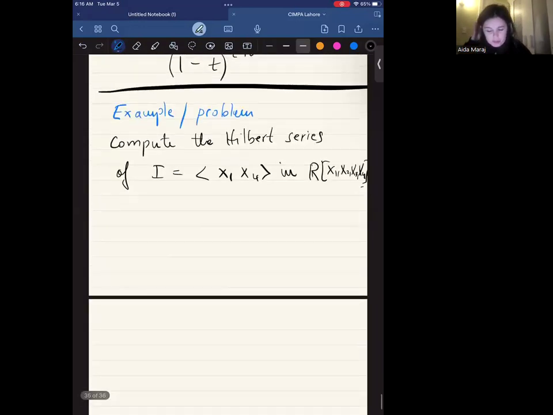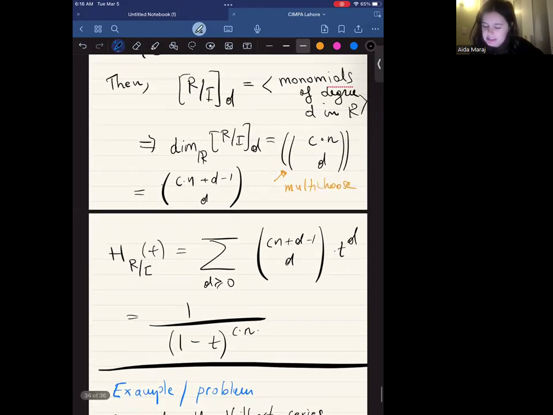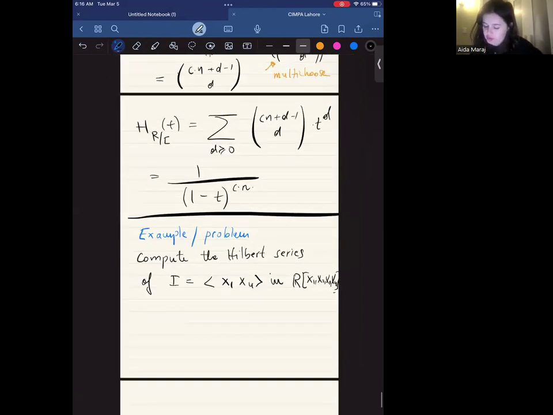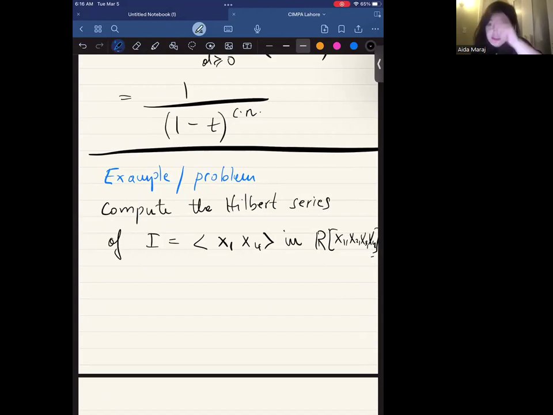Now, the reason why I'm not going that much into that is because, while ideals are fine, when the ideal is monomial, everything goes great. We work with really counting monomials that survive of a certain degree.